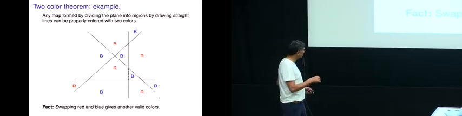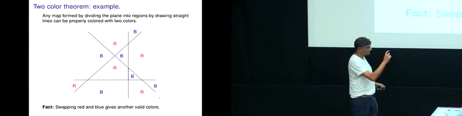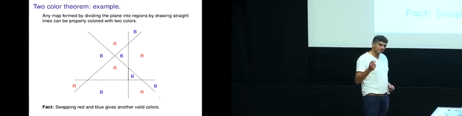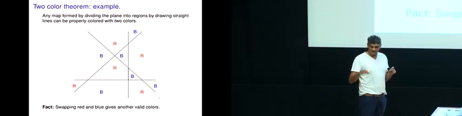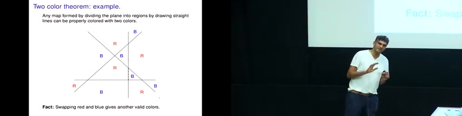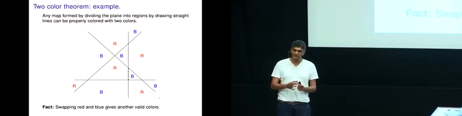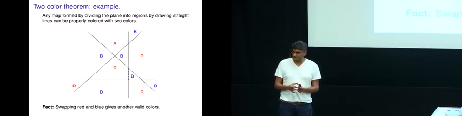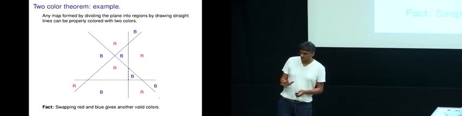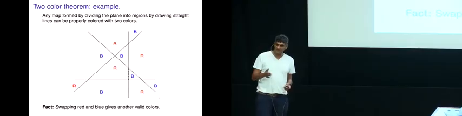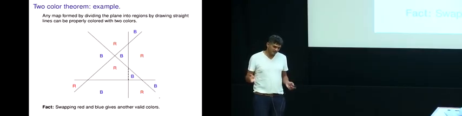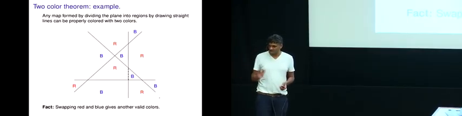So a proper coloring says that for every line segment, you look at the color of the region on the right and the color of the region on the left, and you say they're different. So I'm just translating this proper coloring into a fairly precise statement about each line segment. Does that make sense? The same thing as I said, A divides D means that D times Q equals A for some integer K.